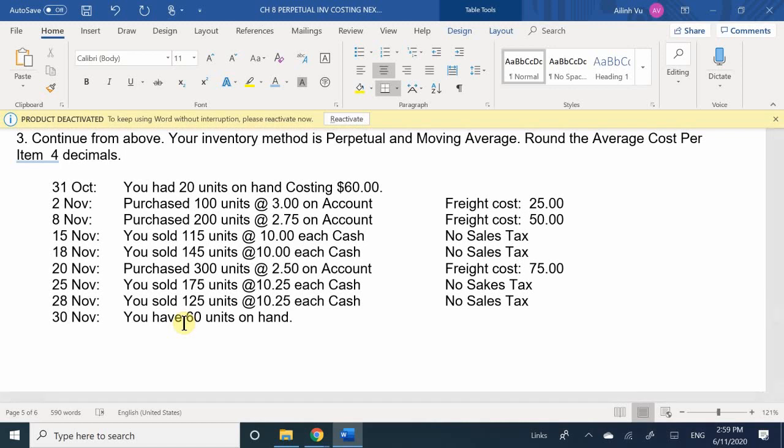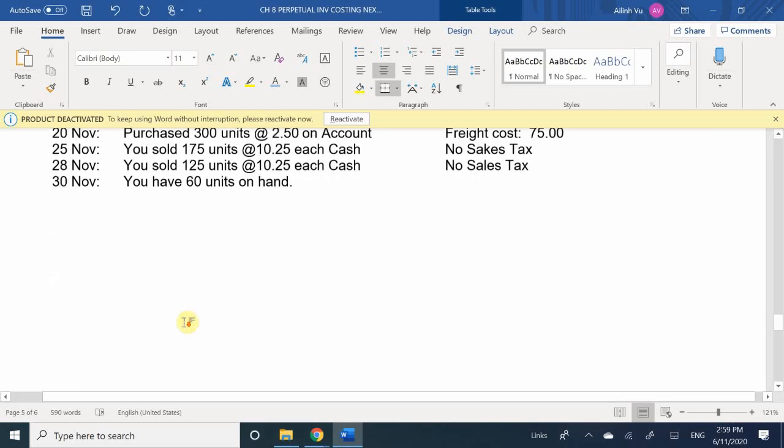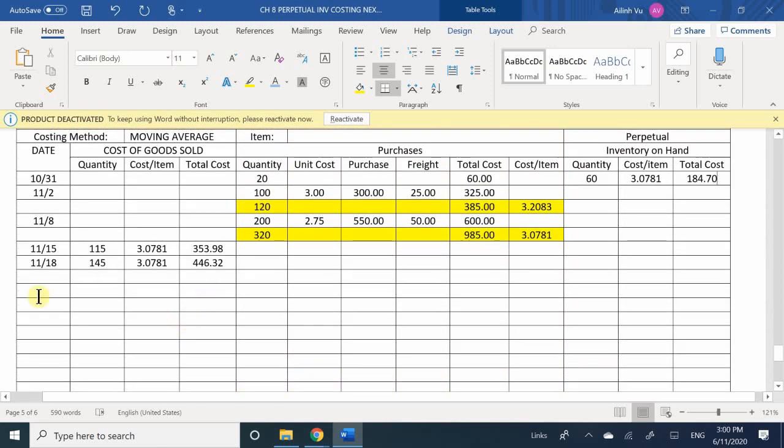So what happened on November 20th? You purchased 300 units at $2.50 and $75 for freight. Okay. So here we're going to recognize November 20th.